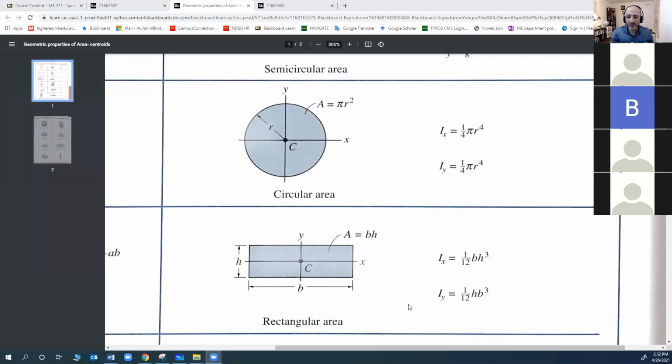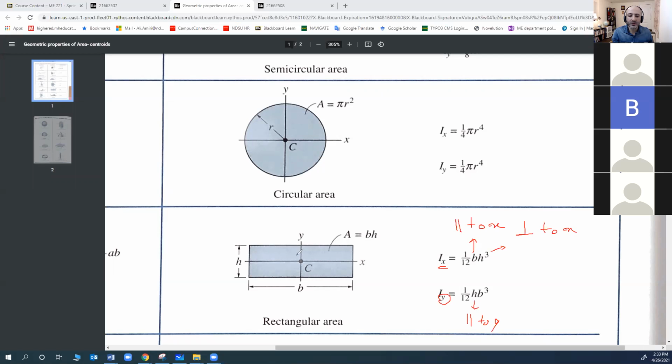When we say about X, this one is parallel to X. See that? So B is the one parallel to X, and this one perpendicular to X is the H one. Same thing here: about the Y axis, 1 over 12, H is the one that is parallel to Y.